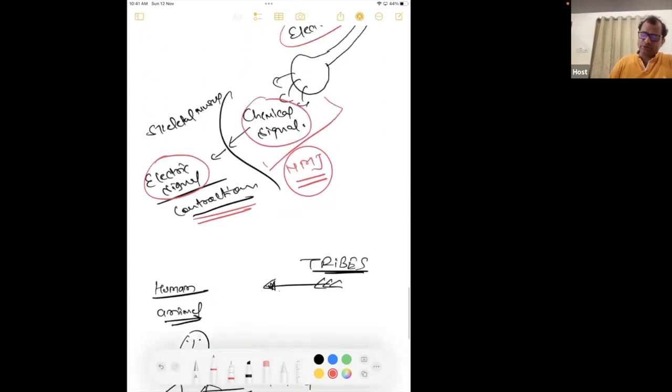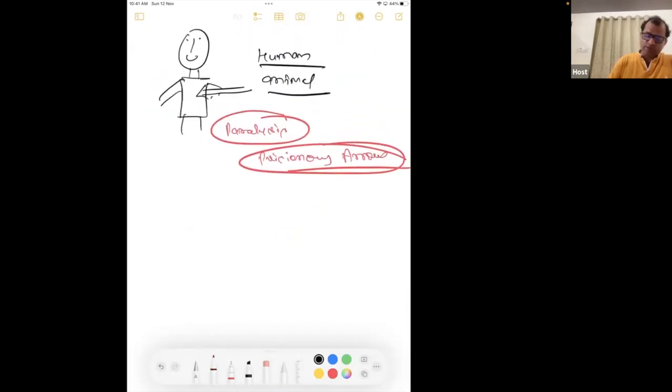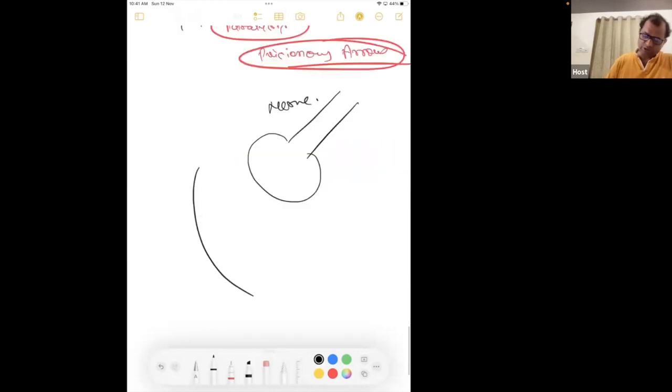So what does the poisonous arrow do? Suppose you want to run, right? Then your brain is giving a message to your muscles, okay, run. And this action will happen at the neuromuscular junction. So immediately your nerves are giving the order to your muscles, okay, run fast, or fight back. We are under threat, we are in danger.